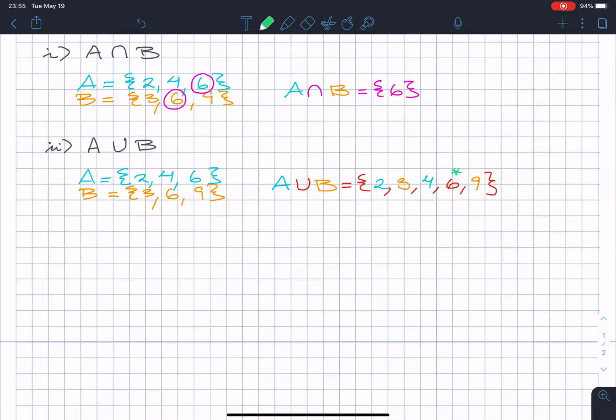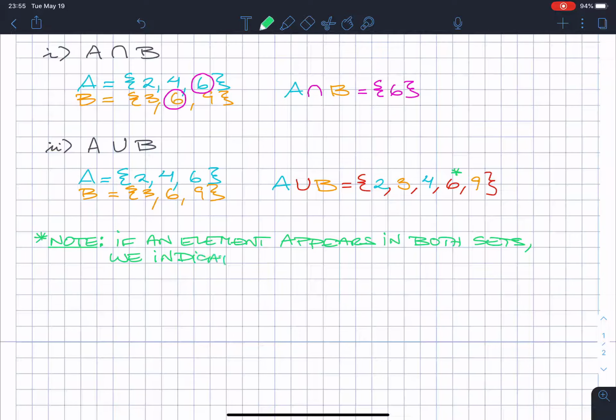So note: if an element appears in both sets, we only need to indicate it once in the union A or B.